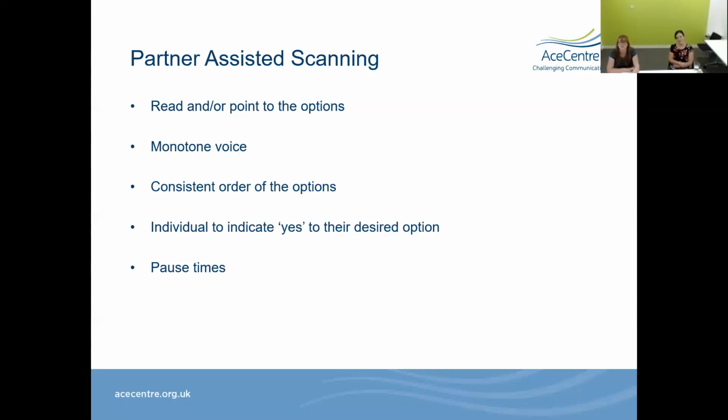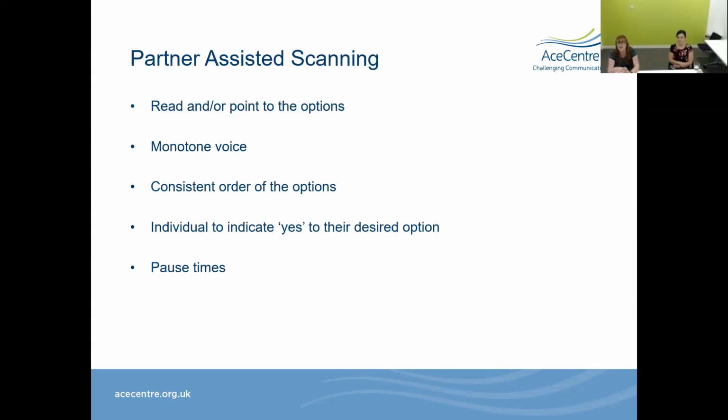Something to mention as well, and we saw this a little bit in the video with the lady using the eye pointing, the Tran frame. Communication breakdowns are going to happen. That's just part of communication. So make sure that you establish a clear agreement between the two of you about how you're going to start the scan again if you make a mistake, because you will.